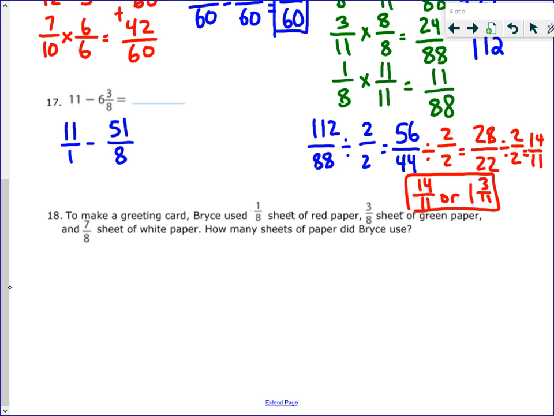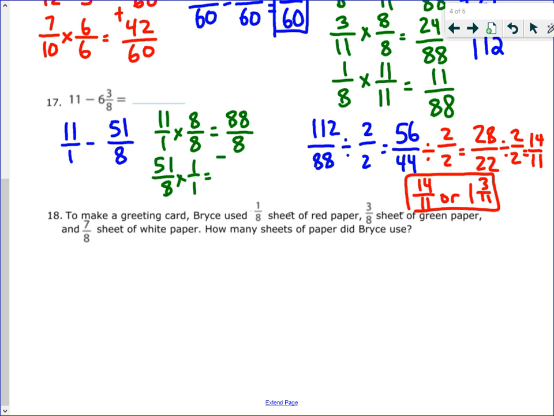The common denominator here is going to be 8, so I'm going to rewrite 11 over 1 by multiplying by 8. We got 88 over 8, and we're going to subtract the 51 over 8. We don't have to do anything with that one.